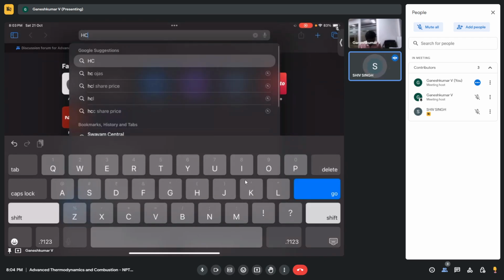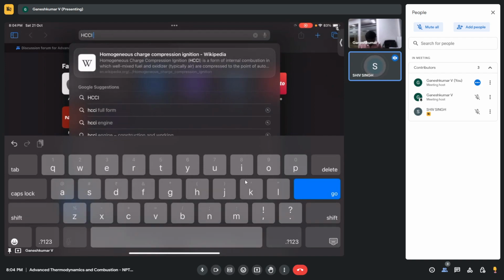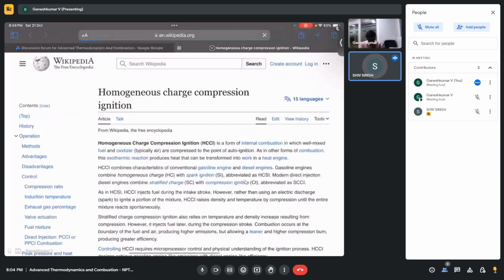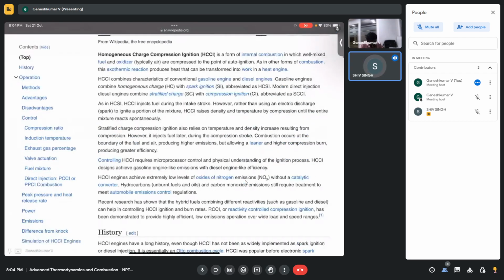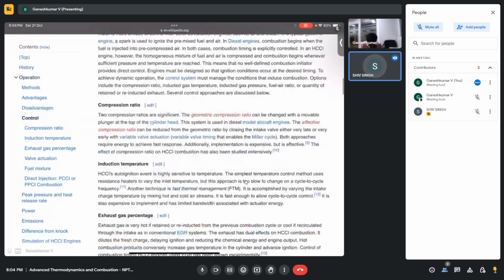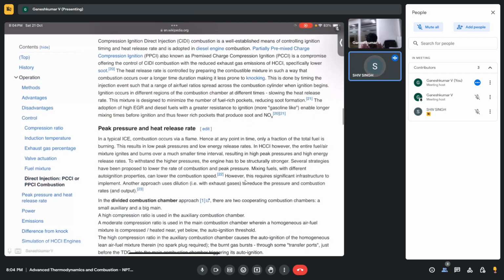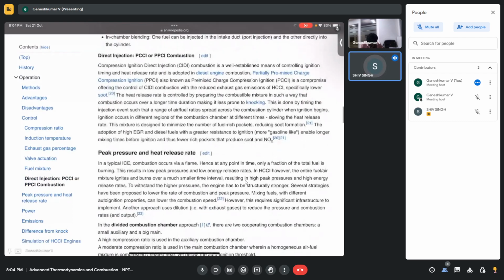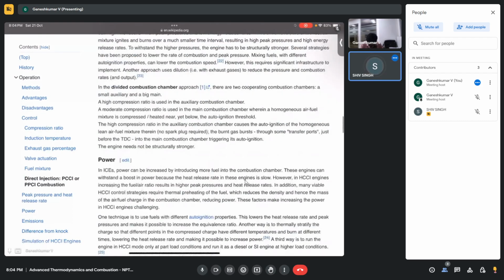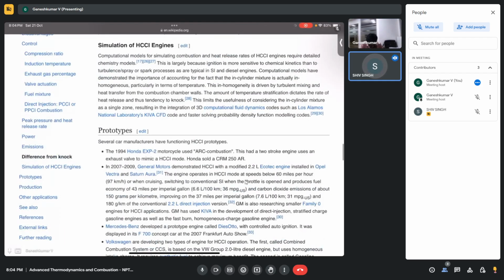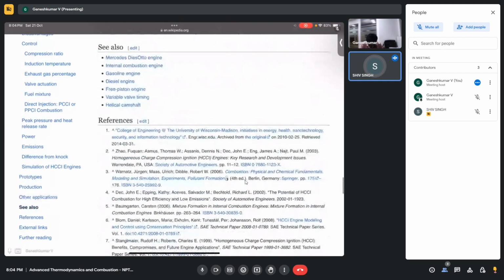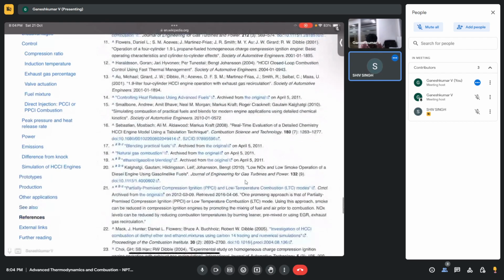Sir, my question is that in a dual fuel engine we are using two fuels, and in an RCCI engine also we are using two fuels. In RCCI, one is a high reactivity fuel and the other is a low reactivity fuel. So how can we differentiate between an RCCI engine and dual fuel combustion?